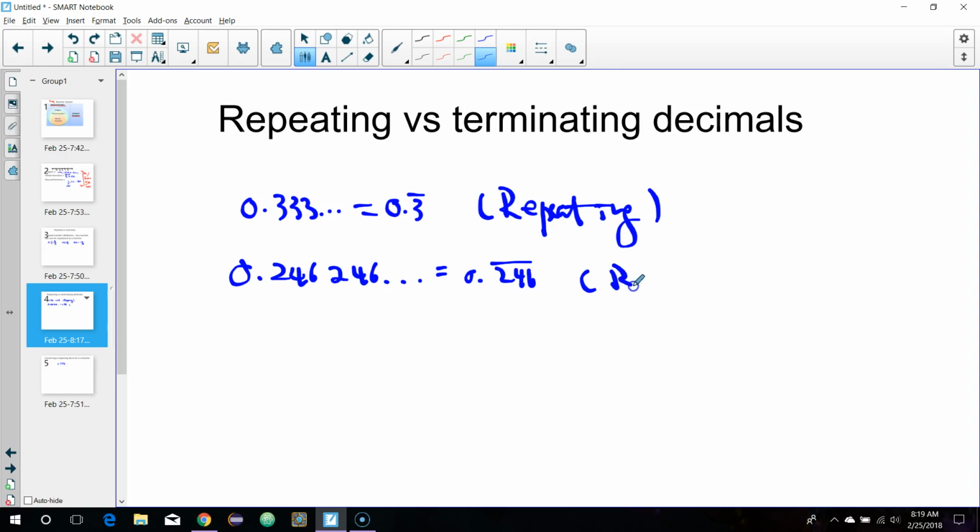So again, this is another repeating decimal. Then we have terminating decimals. A terminating decimal, as the name implies, is going to stop somewhere. So 0.375 is going to stop. It's not going to go on forever, so this is a terminating decimal.